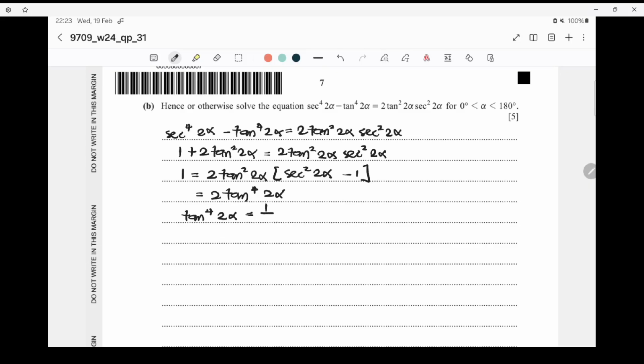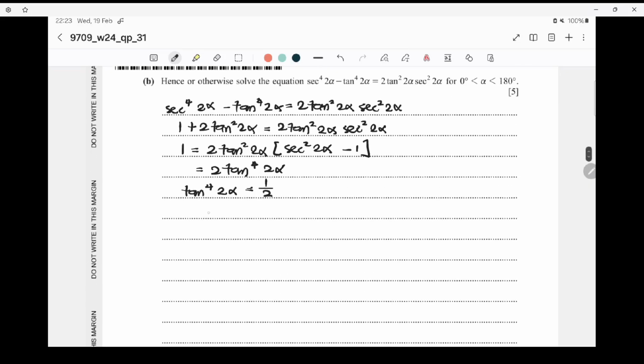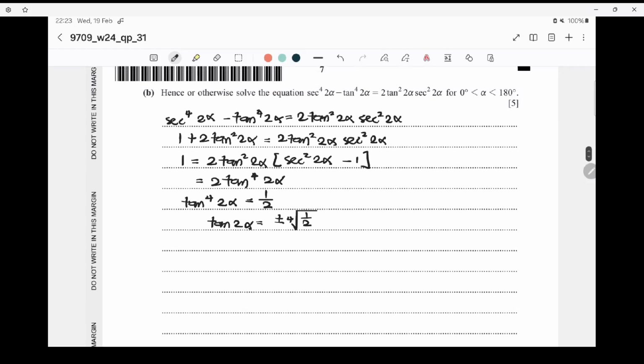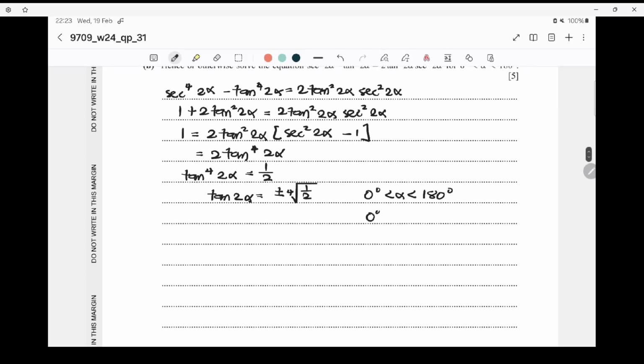When you take the fourth root, essentially tangent 2 alpha will be plus or minus the fourth root of 1 over 2. Right? Because your answer has to be between 0 and 180 degrees, when you have 2 alpha, basically you have 360 degrees. So this is the range that you need to consider.